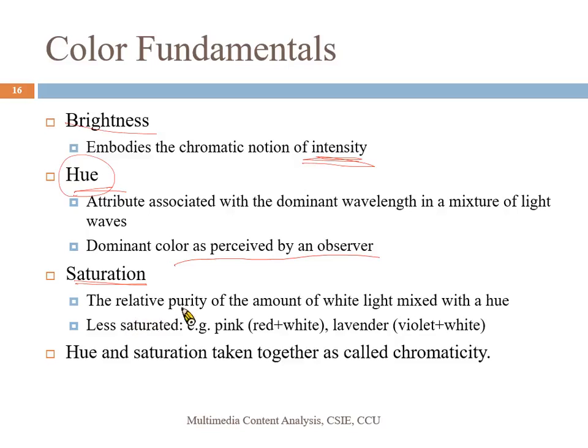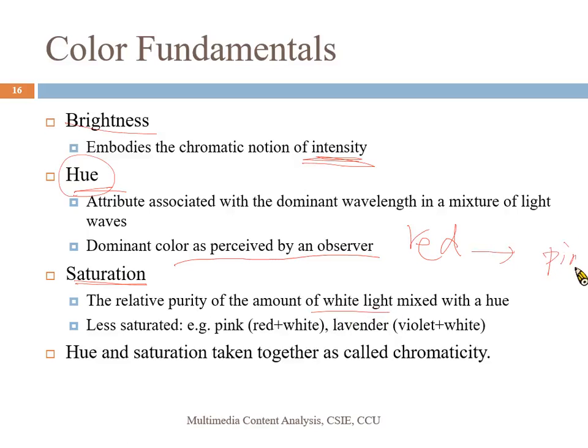Saturation means the relative purity, or the amount of white light mixed with a hue. For example, we may get a red hue, and according to the purity, we may perceive different kinds of red. If the purity of this light is not so high, so it has more white light mixed in, we may perceive pink.